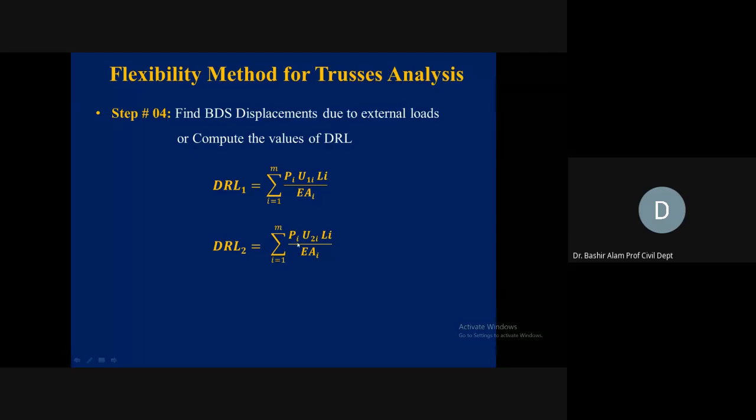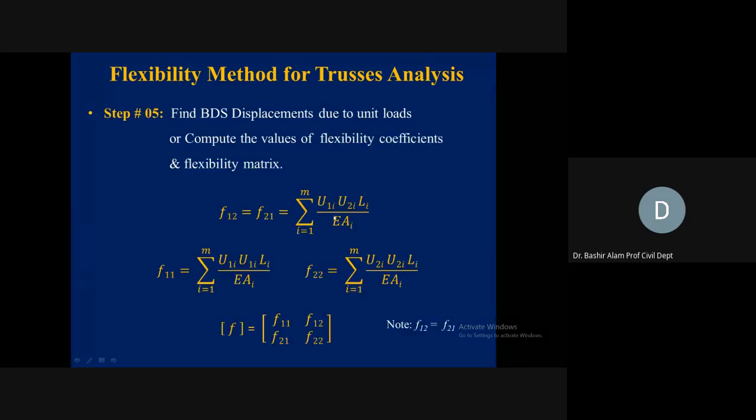DRL2 will be the summation of P U2 L divided by EA, like we did capital M times m2 dx over EI. Similarly, for F11, F21, F12, it is the product of U1 and U2. F11 is the product of U1 and U1, and F22 is the product of U2 and U2.